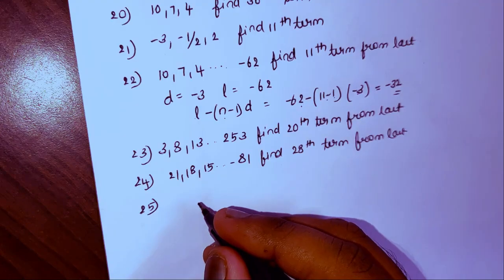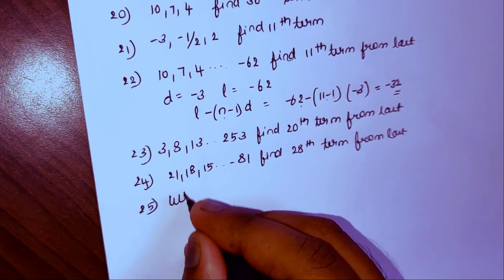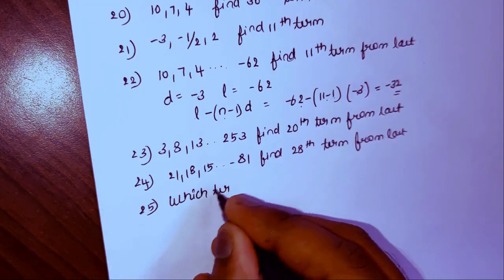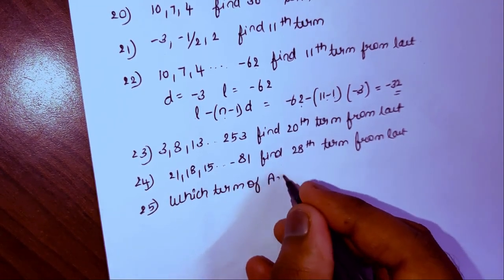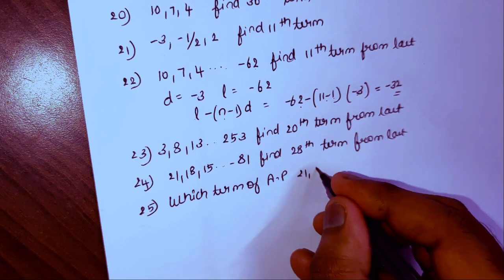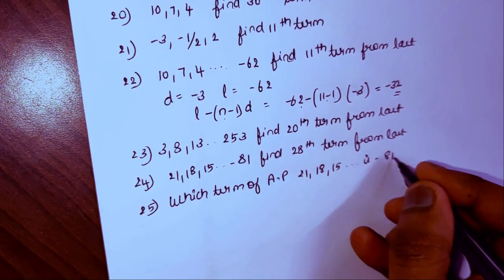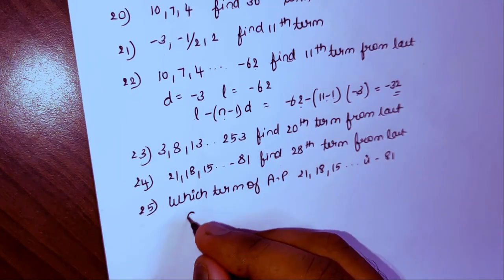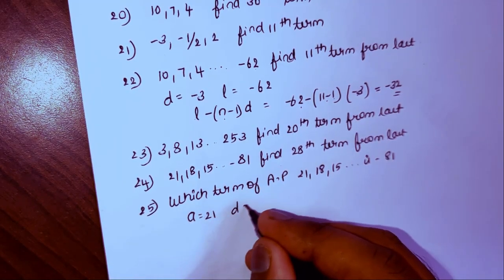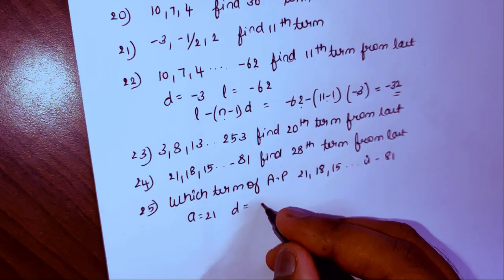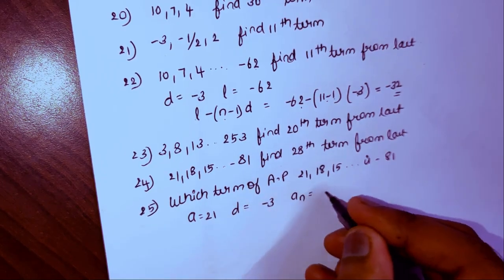25th one. Which term of the arithmetic progression 21, 18, 15 is minus 81? We'll solve this. Here a is given, that is 21. Difference is 18 minus 21, that is minus 3. an is given, minus 81.